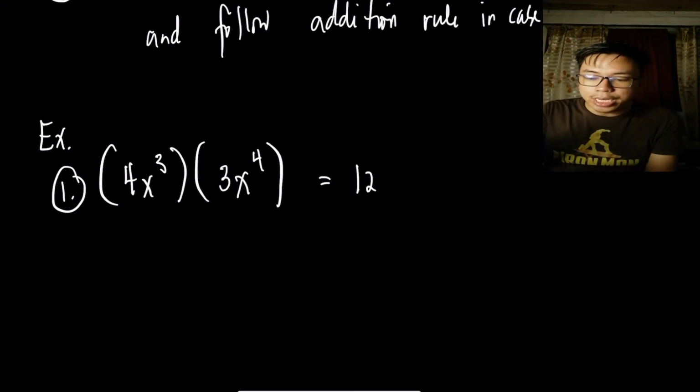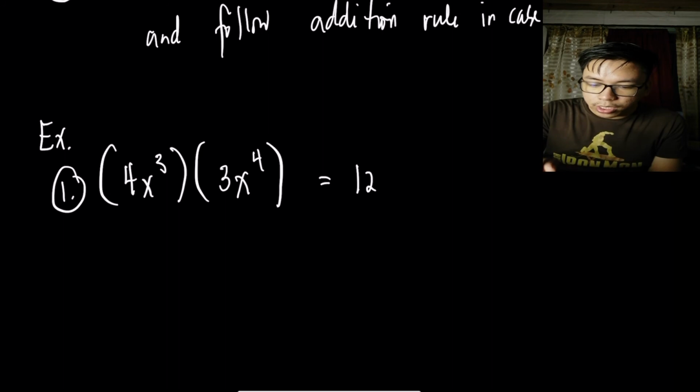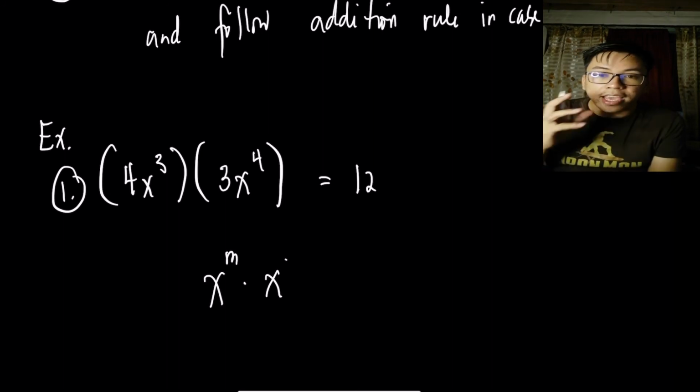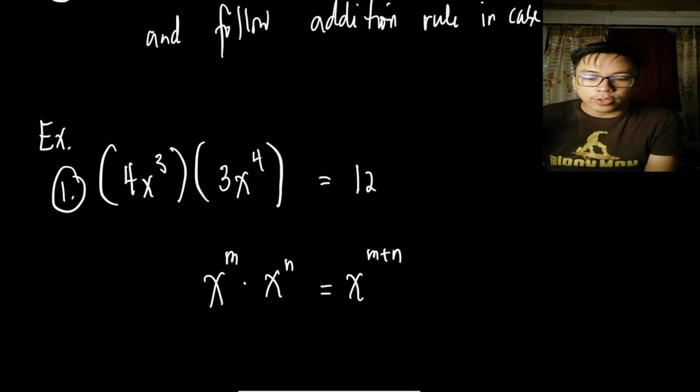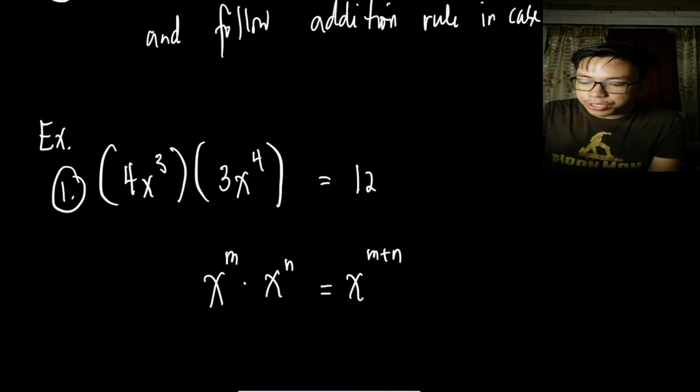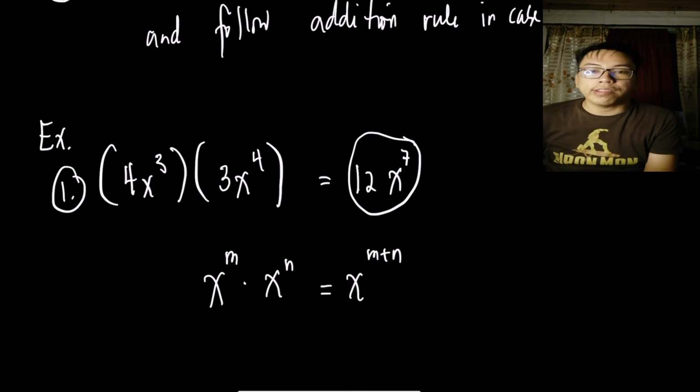If you remember the exponent rule, x to the m times x to the n, they have the same base, so you just copy the base and then add the corresponding exponents. Copy the base, which is x, and then add the exponents, which gives 7. So therefore, your answer is 12x to the 7.